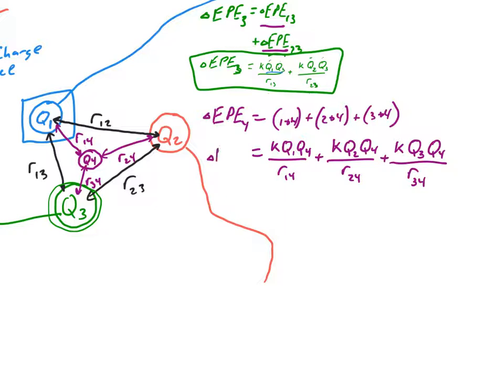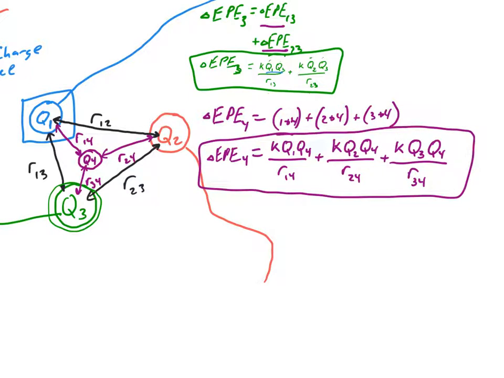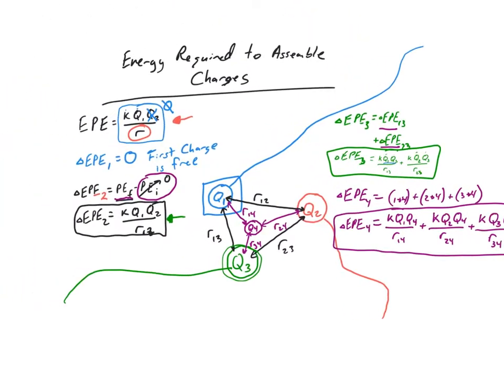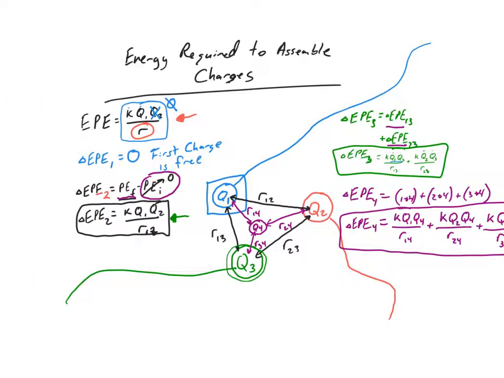And that'll be my change in electric potential energy for the fourth charge. What we've found so far is the energy to bring in individual charges. Now, let's put it all together. Let's find the energy to assemble all of these charges.